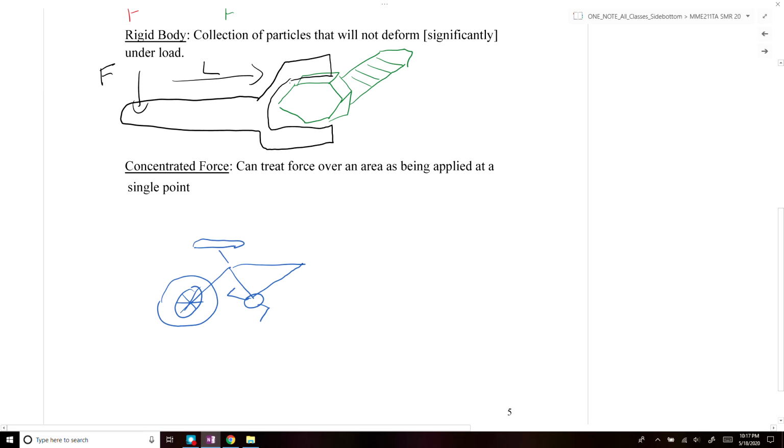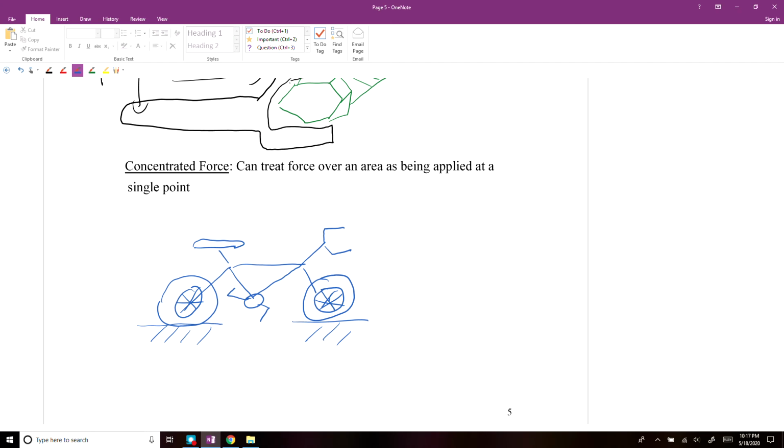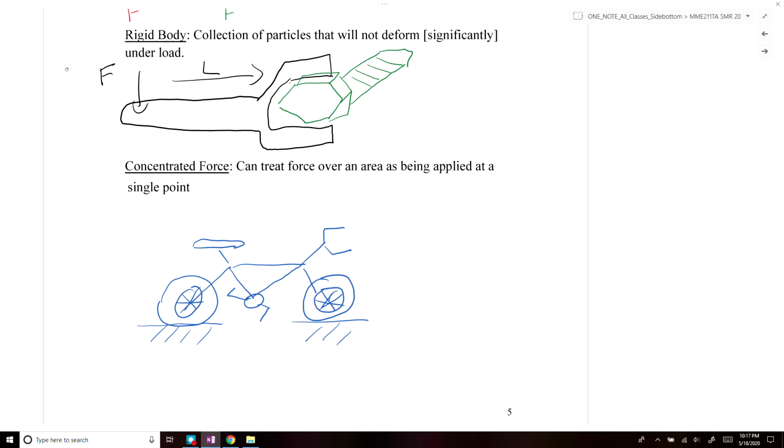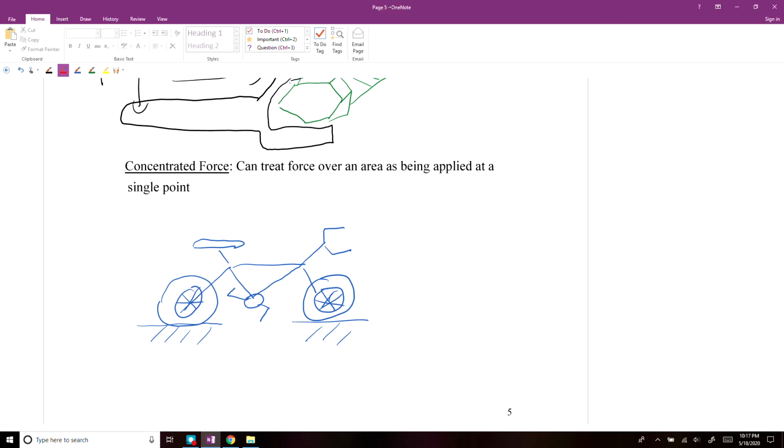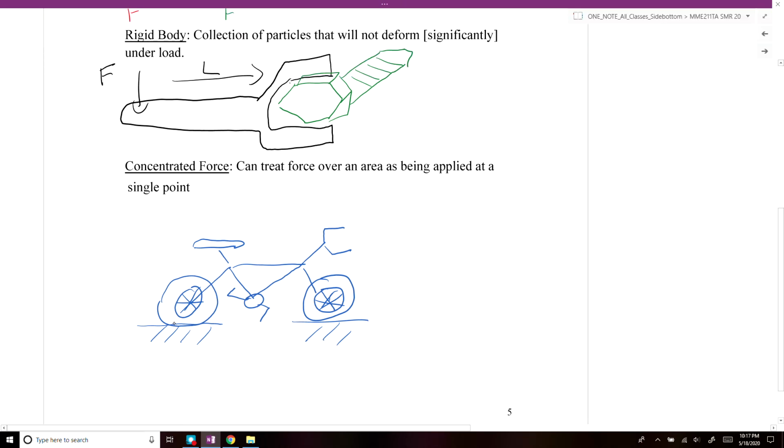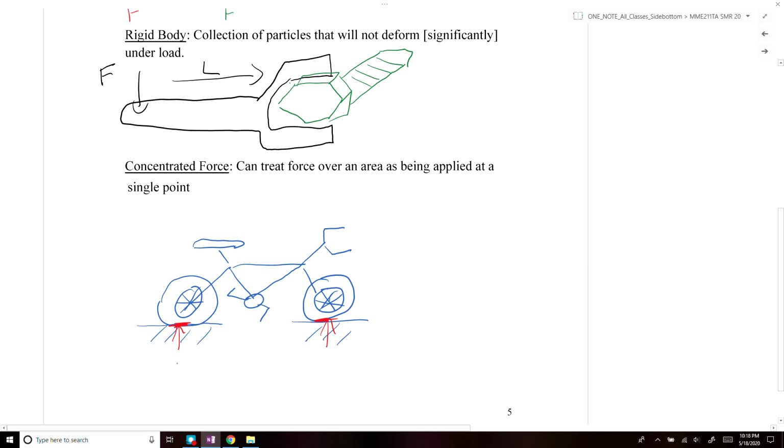The bicycle is supported by the ground, or connects with the ground, at the two wheels. At those wheels, we can say that the weight of the bike and the weight of the rider on the bike is supported by the force applied at the two wheels.